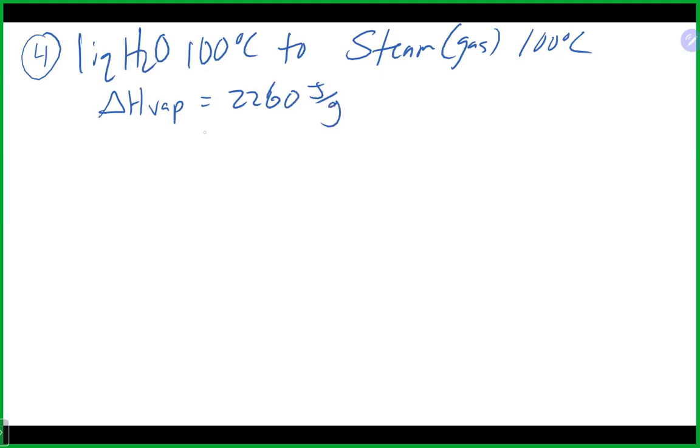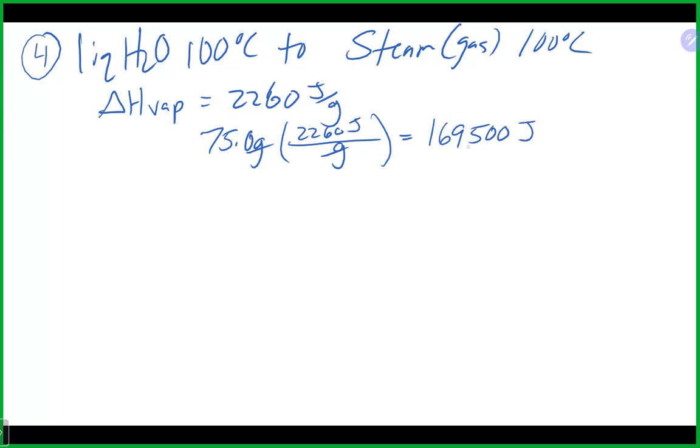And we're going to take our 75 grams of water at this point, use our heat of vaporization, 2260 joules per gram. Grams cancel, and that's a lot, 169,000 joules.